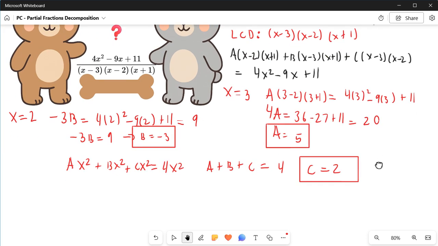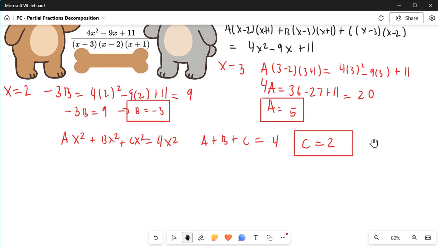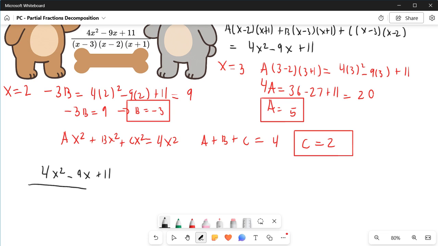And notice that once you put this all together, you have what is known as the partial fraction decomposition of your rational function, which was in its most simplified form, and it was in the factored form in the denominator. So we can write out the solution as, okay, just a moment.